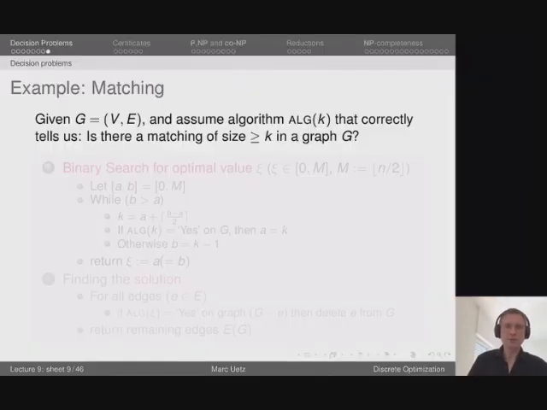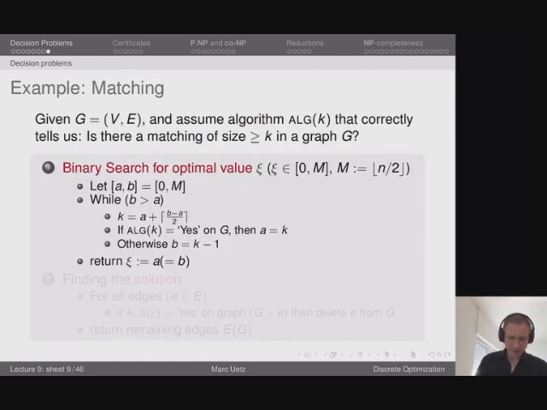Here is the corresponding pseudocode for that binary search procedure. We assume we have this algorithm that can always tell us, does there exist a matching of size at least k, yes or no? And the binary search goes over the search interval for the optimum solution value, which must lie between 0 and essentially n halves. In each iteration, we cut the interval into equally sized parts, up to rounding.